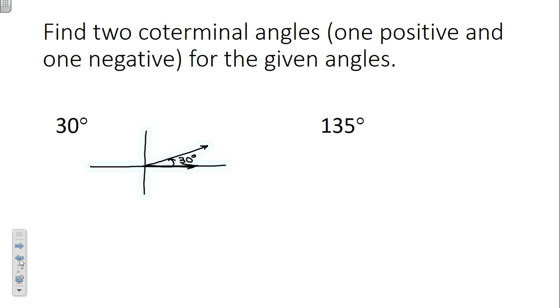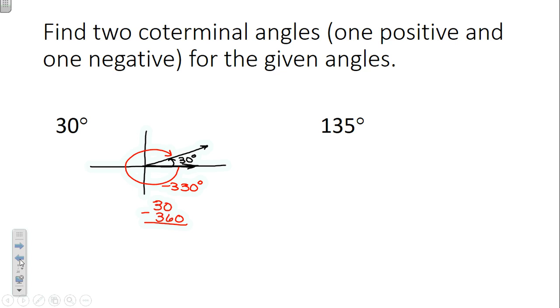Negative 330. How did you get that? Okay, so negative 330 means that we took the 30 and we subtracted 360 from it. Well, that's a negative value. We also need to find a positive one.